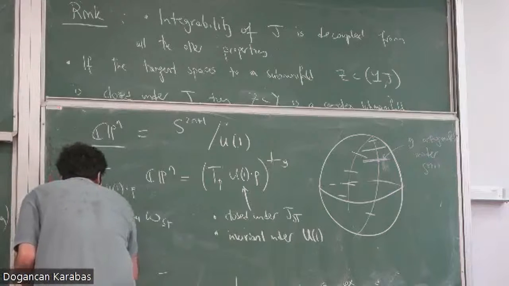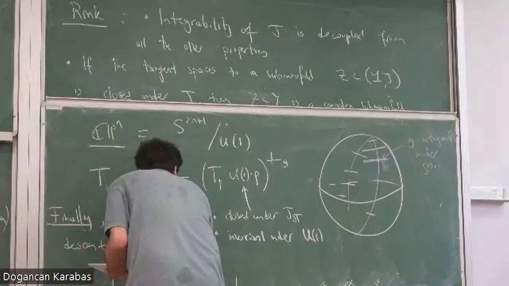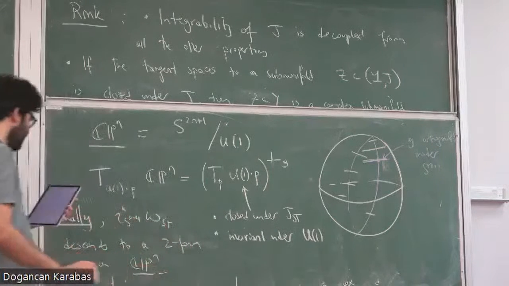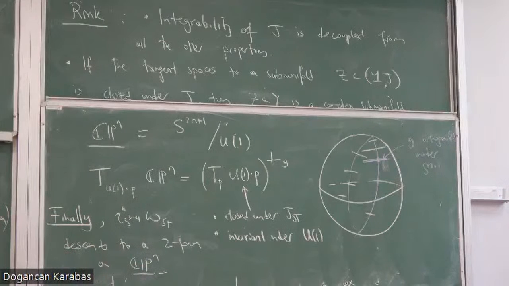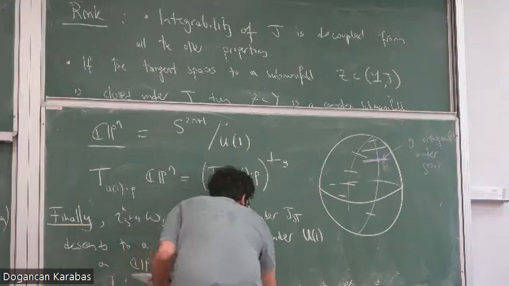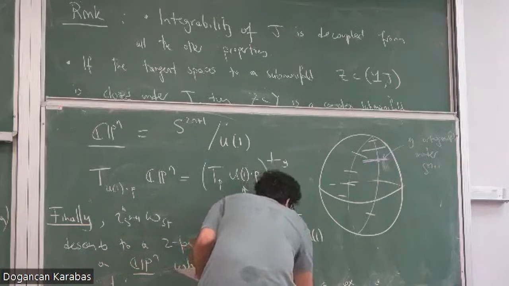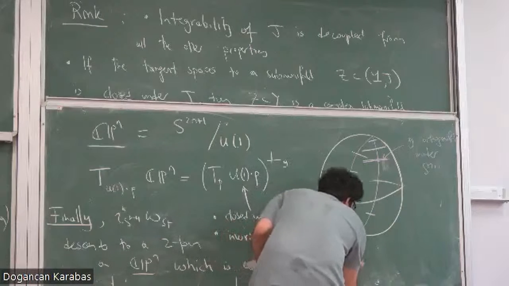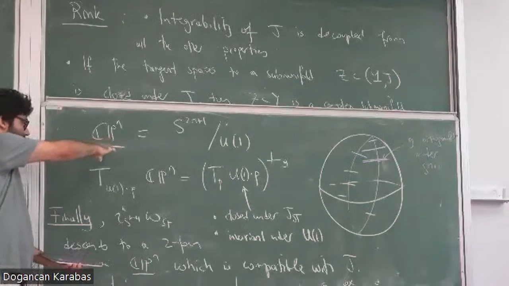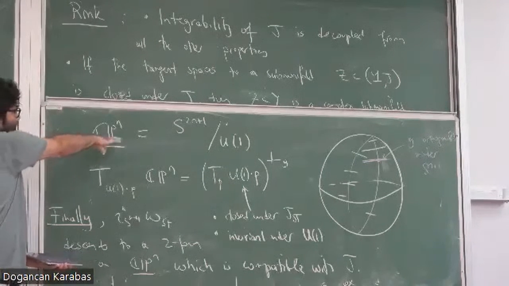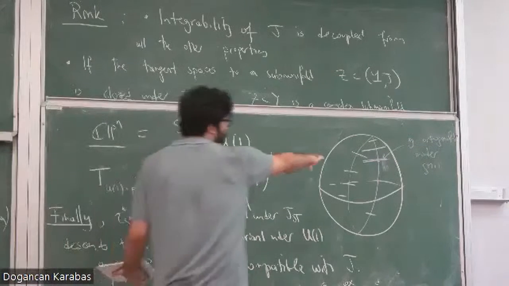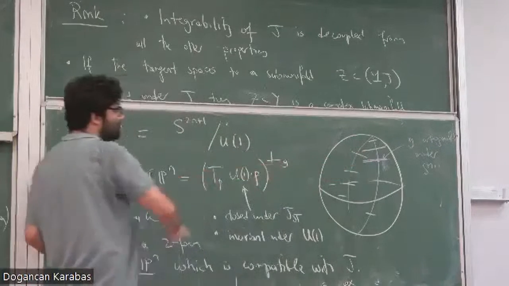It descends to a 2-form on CP^n underline, which is compatible with J. There are 2 ways of getting J: you can take the standard complex structure coming from CP^n underline being identified with the usual CP^n, or you can define it using this description of the tangent spaces.